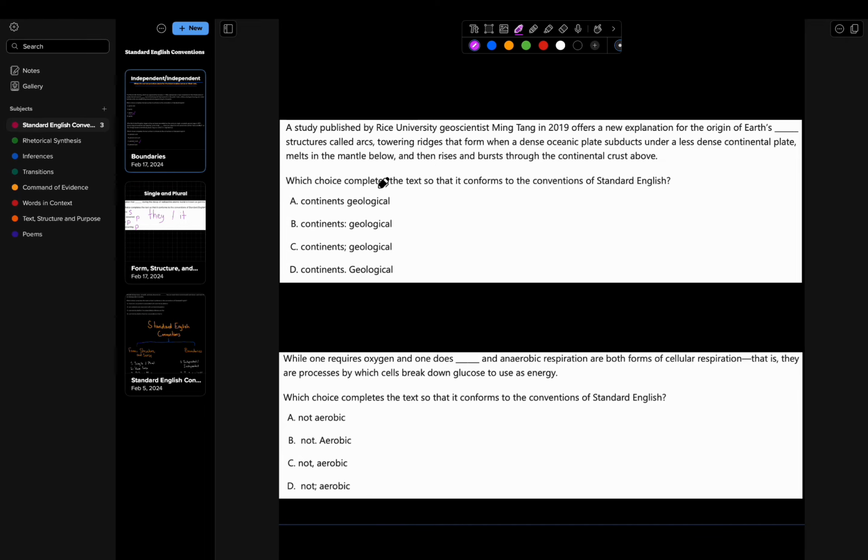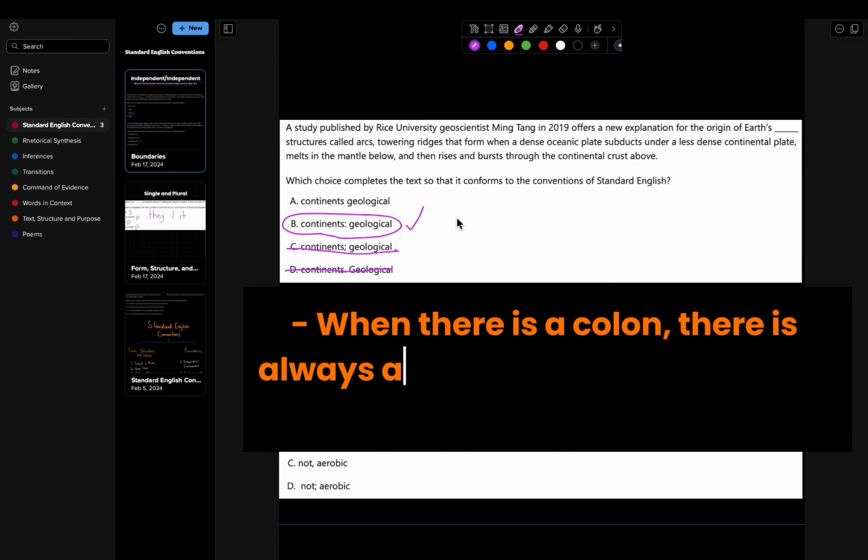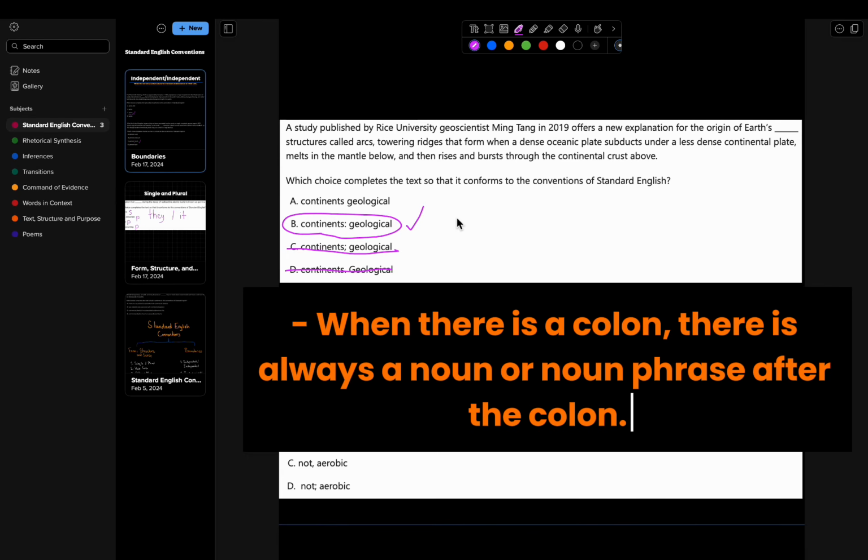Let's look at this example. We will immediately cancel choices C and D because they both are a part of the independent format. Choice B is the right answer, and the reason it is correct is because it follows Rule 9. When there is a colon, there must be a noun or noun phrase after the colon.